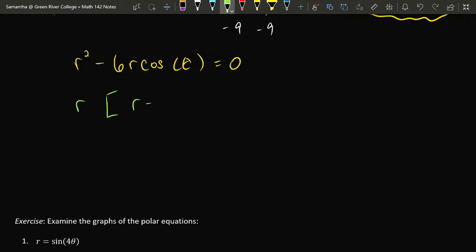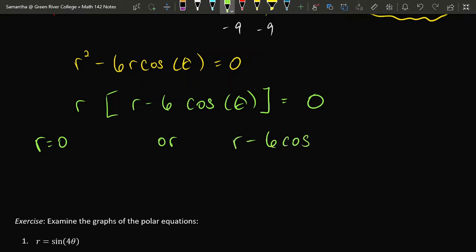So I can factor out that r, and I get r multiplied by r minus 6 cosine theta is equal to 0. Now, zero product property tells me that there are two possibilities. R is equal to 0, or r minus 6 cosine theta is equal to 0.